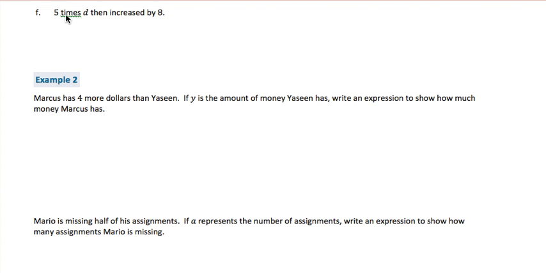And then finally, I have 5 times d, times meaning multiply, and increased, meaning add. So 5 times D, then increased by 8. 5D plus 8.